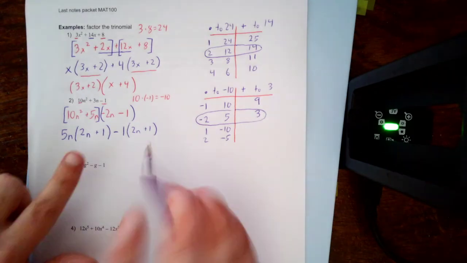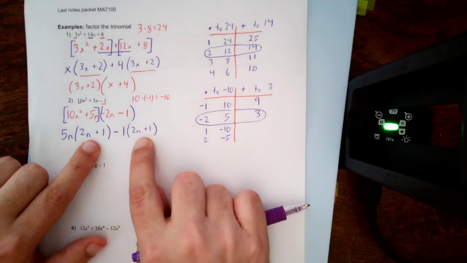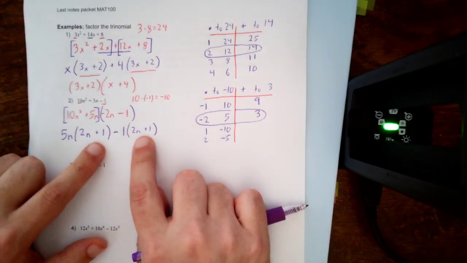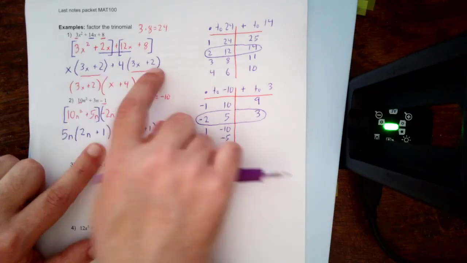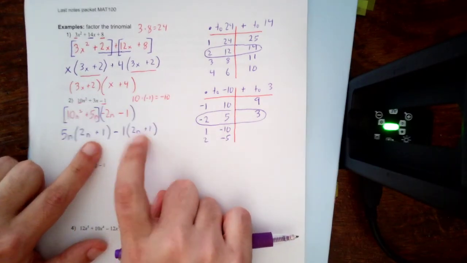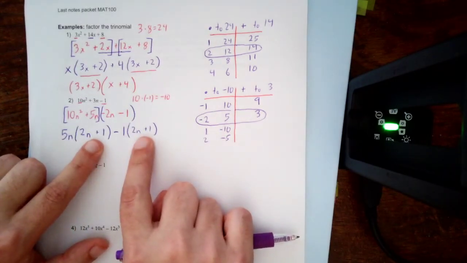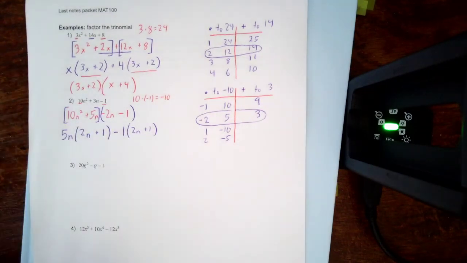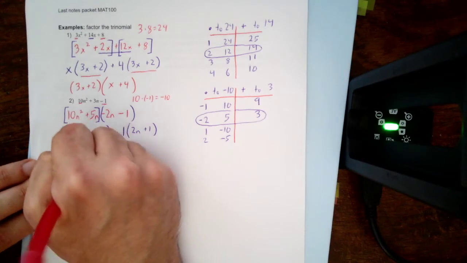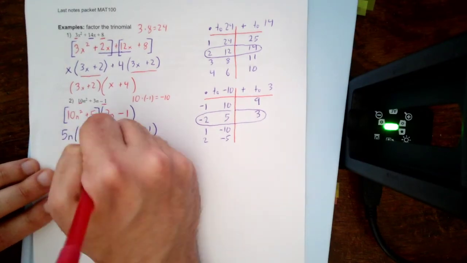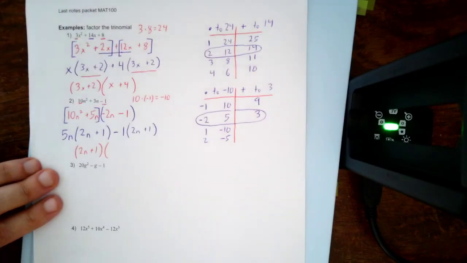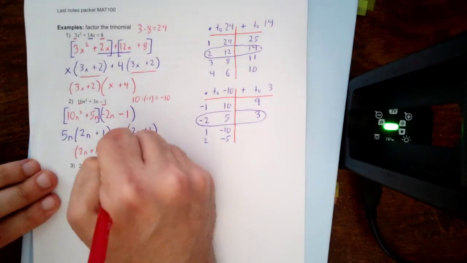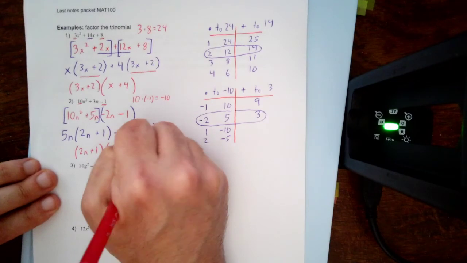Now, notice we got the same thing in both parentheses. That's key, right? We're trying to form the same group here. That's why we make these groups, right? Because these are the same factor, right? 2n plus 1 and 2n plus 1. That means I can factor that out, 2n plus 1, and let's see what's remaining. 5n minus 1. 5n minus 1.